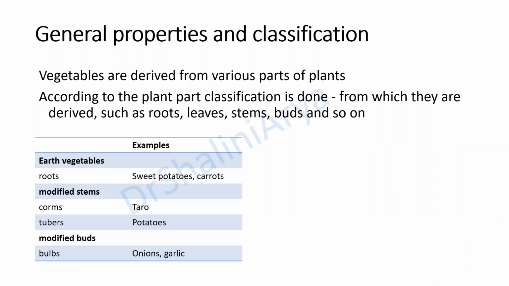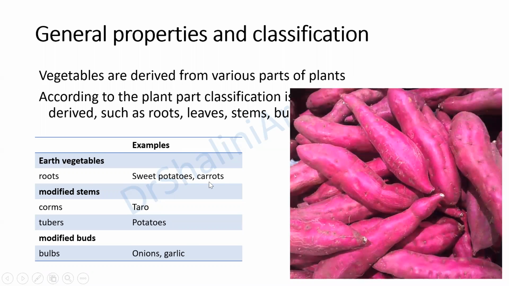For example, in case of roots, sweet potatoes. So when you look at this table, there are some examples. The vegetables which come under the category of roots are sweet potatoes and carrots.